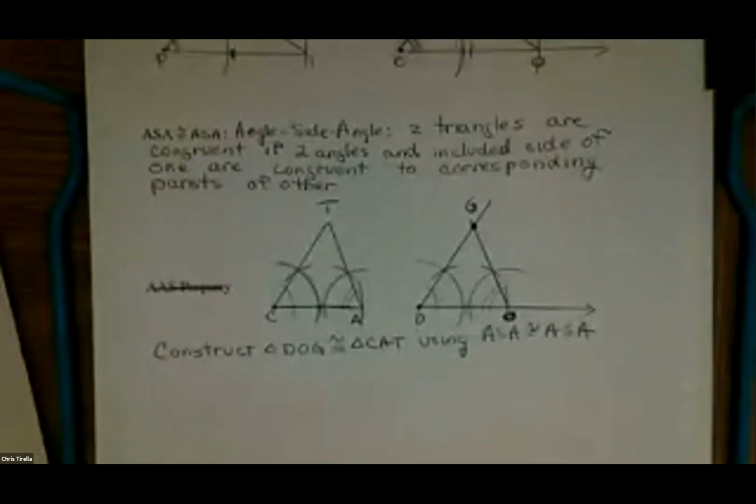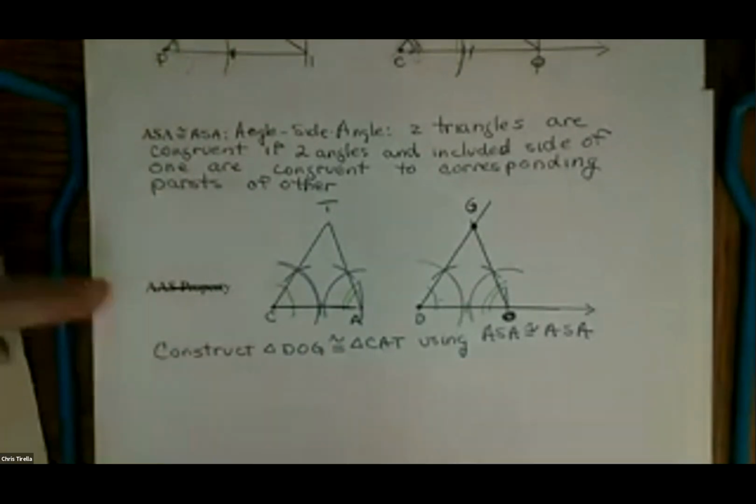We have side, angle, side, two sides and the angle in between them. And now we have angle, side, angle, two angles and the side between them. Those three are pretty straightforward to verify with construction. But let's look and see what other possibilities there are.